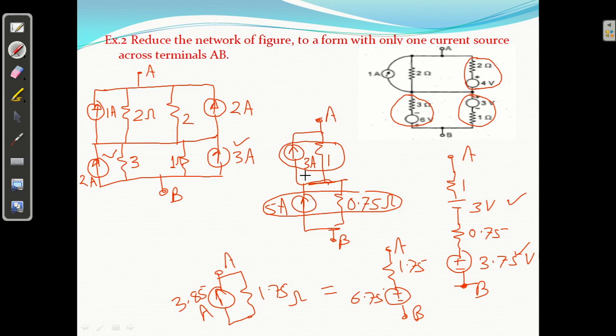So I am getting 3 and 1 ohm, right? Sorry, something is wrong actually.